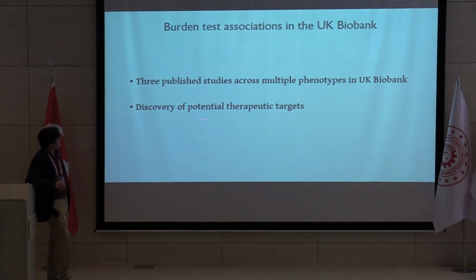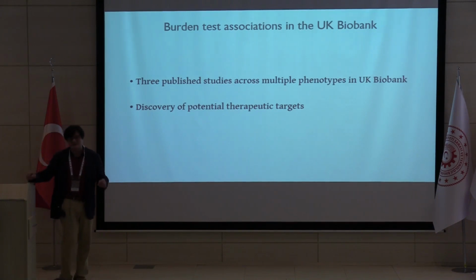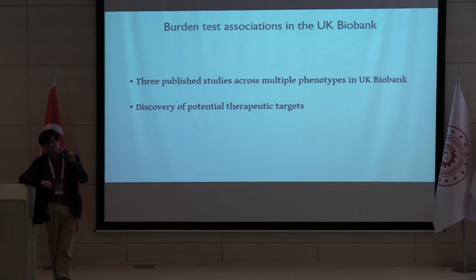And why are people interested in this test? People are interested in this test because it provides, in a practical sense, a direct road to therapeutic targets. So if you're a pharmaceutical company, the classic work to find a target for therapeutics is you're finding a pathway, you have a gene, you're running a whole bunch of experiments, and then you look at the human genetics and you're saying, oh, maybe this gene is important.